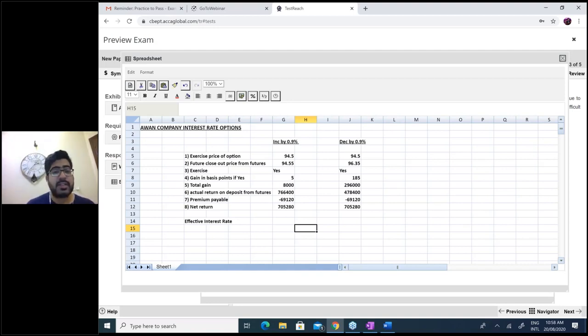So if the answer net return of your option varies, you don't have to worry. But if futures answer of both cases or the FRA answer of increase decrease cases varies, then you have to be worried. Okay, and you know the formula of effective rate. It's basically the net cost of return. So what is the net cost of return?